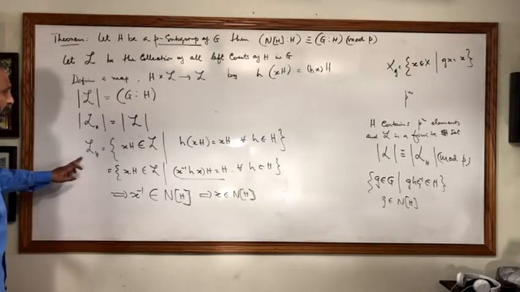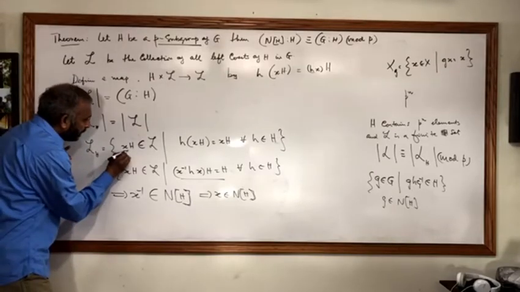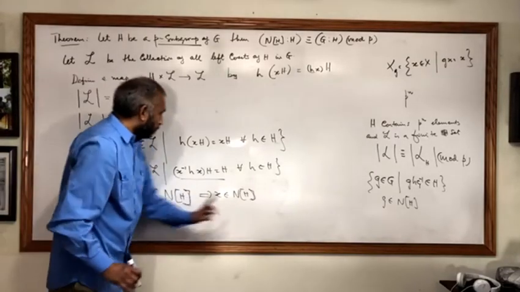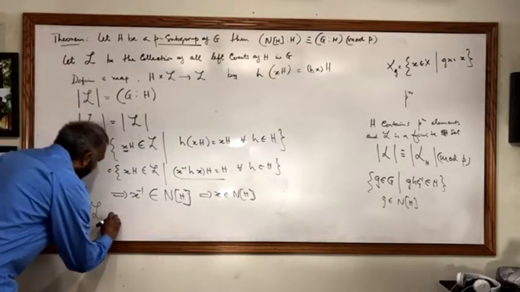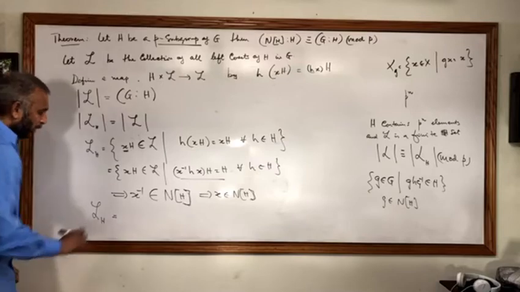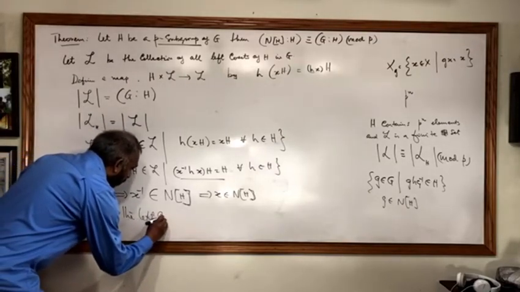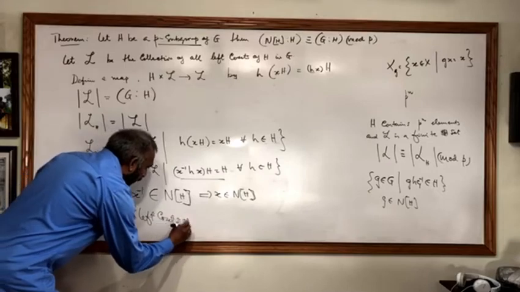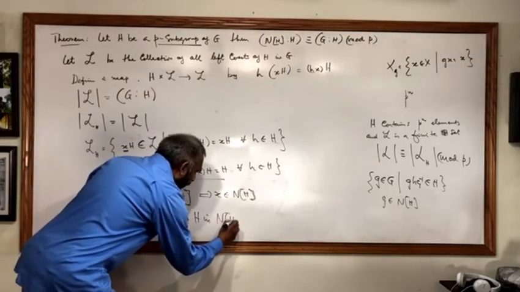So what does this mean? This x is coming from N(H), meaning L^H is equal to the left cosets of H in N(H).